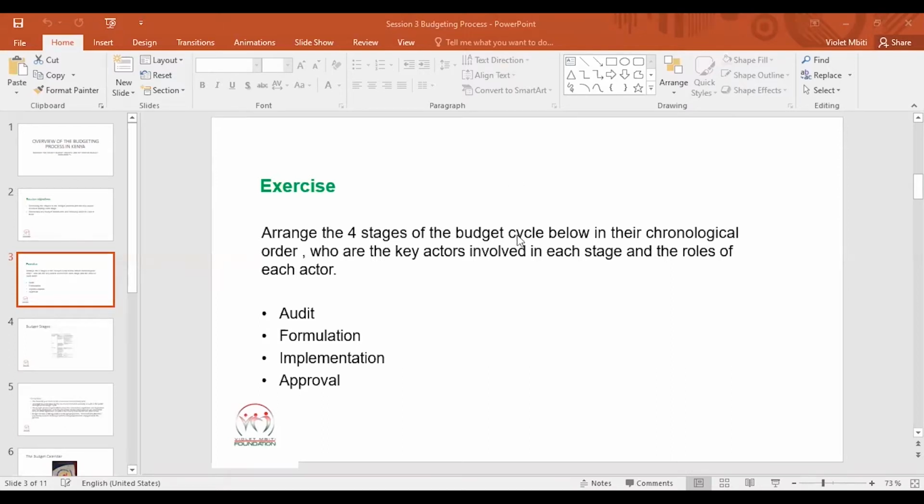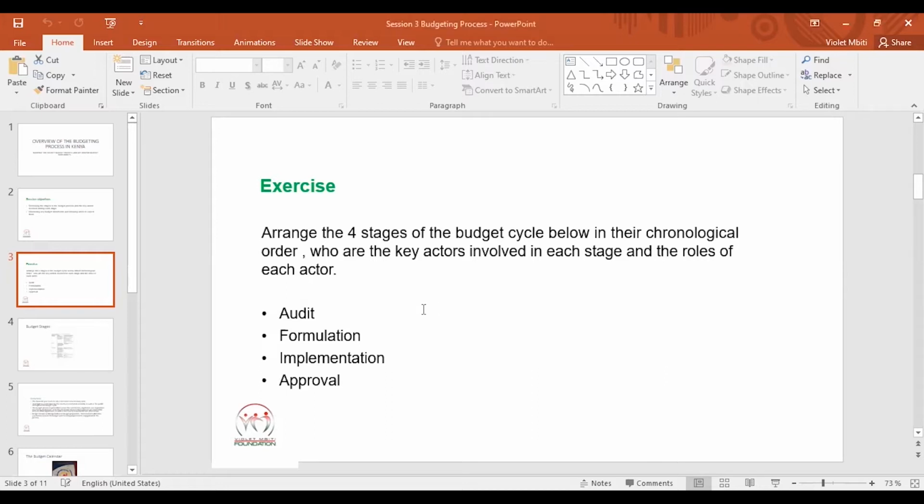Yes, you are right, Mercy. So the 4 stages in the chronological order are formulation, approval, implementation, and audit. So who are the key actors involved in each stage? Mercy? The stakeholders.